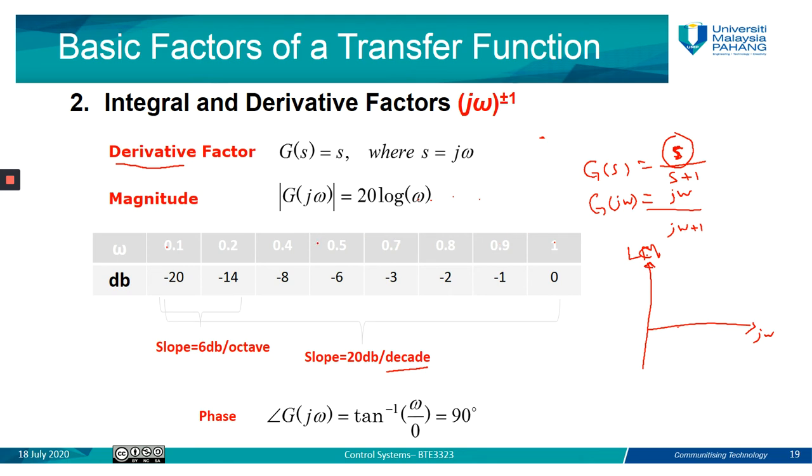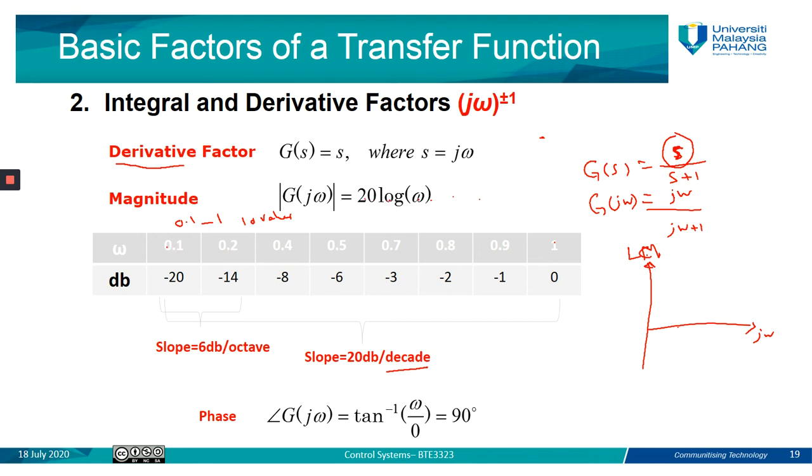But here we just omitted some values. When we talk about the range from 0.1 to 1, it gives you 10 values in the semi-log paper, or 10 lines.